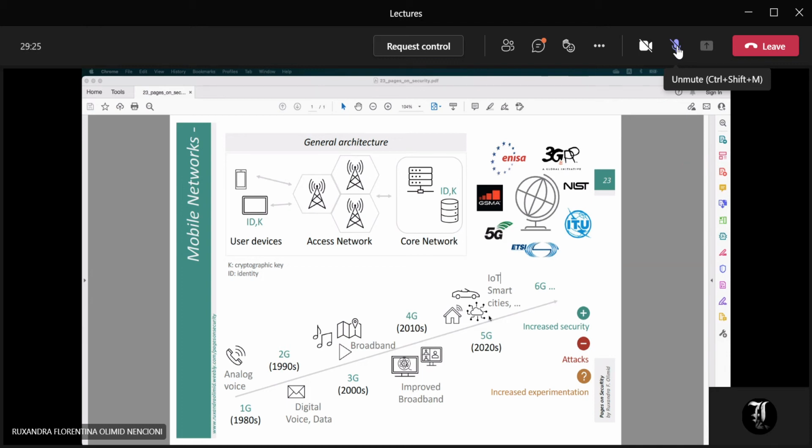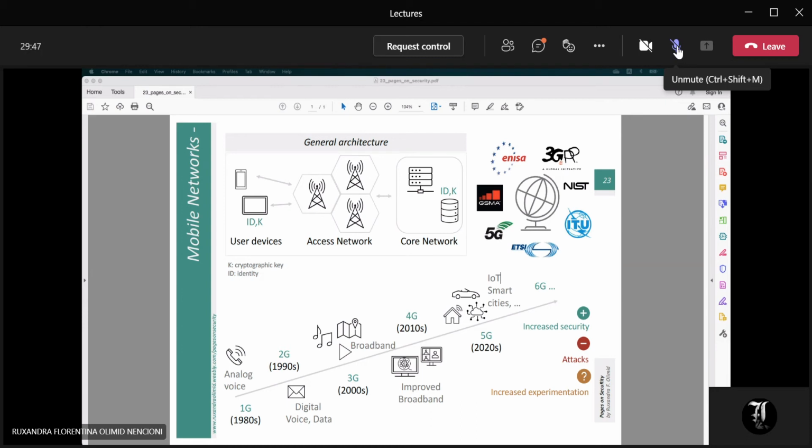Plus the softwarization, because up to 4G we were not putting too much emphasis on softwarization. But starting from 5G, we want to decouple the hardware and the software.